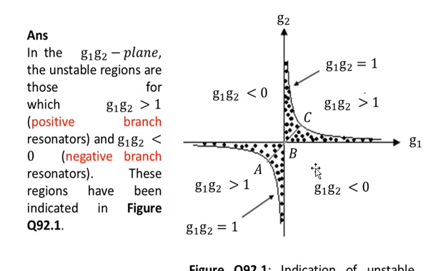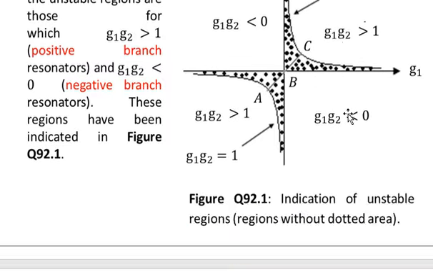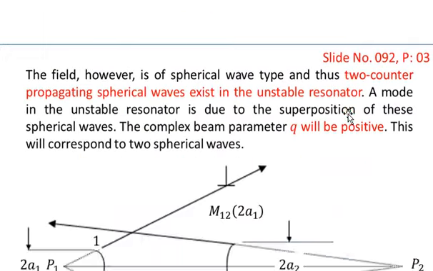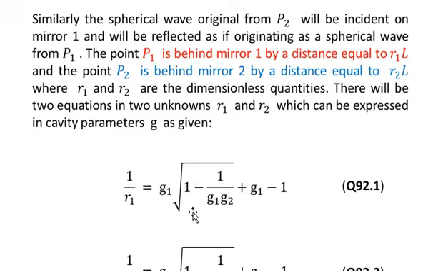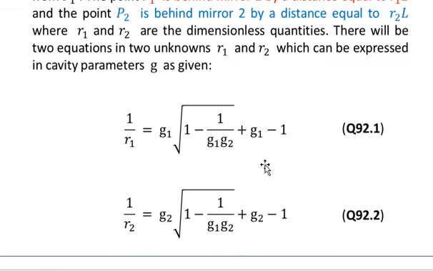The product of G1 and G2 is referred to as G only. Here we are representing 1 over R1 and 1 over R2 in terms of the G parameters of the cavity.